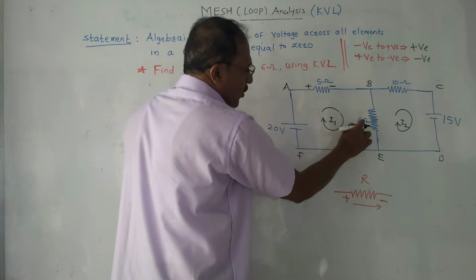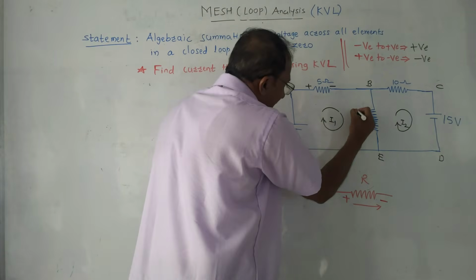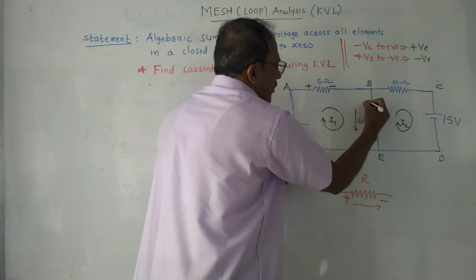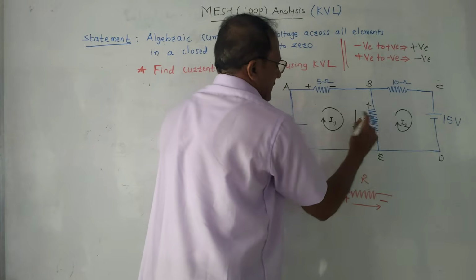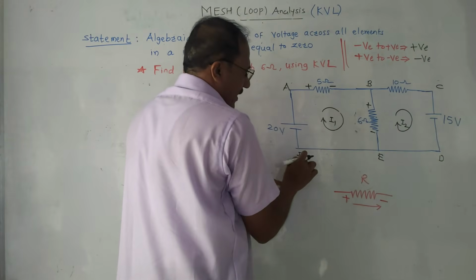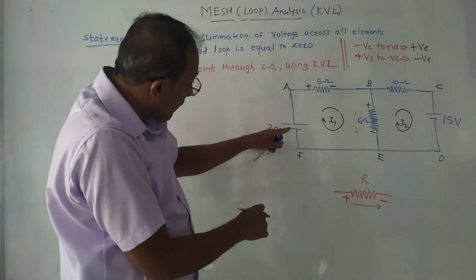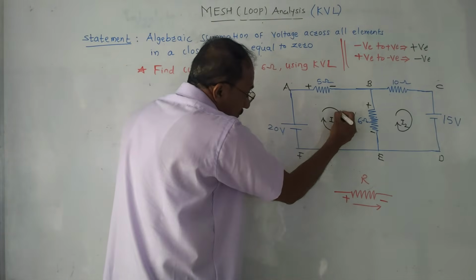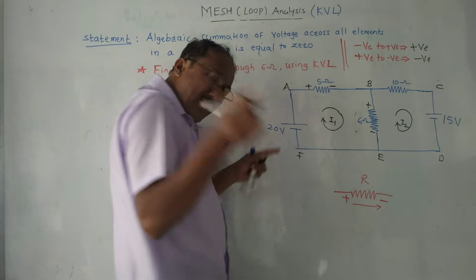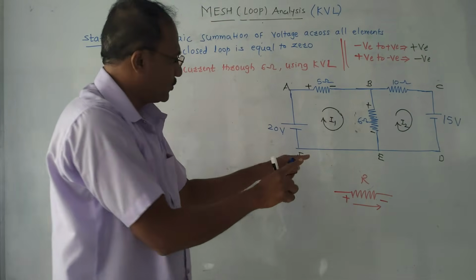Similarly, for 6 ohm resistance, again look at the direction of I1. Through 6 ohm, I1 passes like this. So I will mark plus minus sign. There is no element in this branch, that is E to F, so I am not marking any polarities. For 20 volts, once you mark the direction of loop currents, strictly follow those directions.